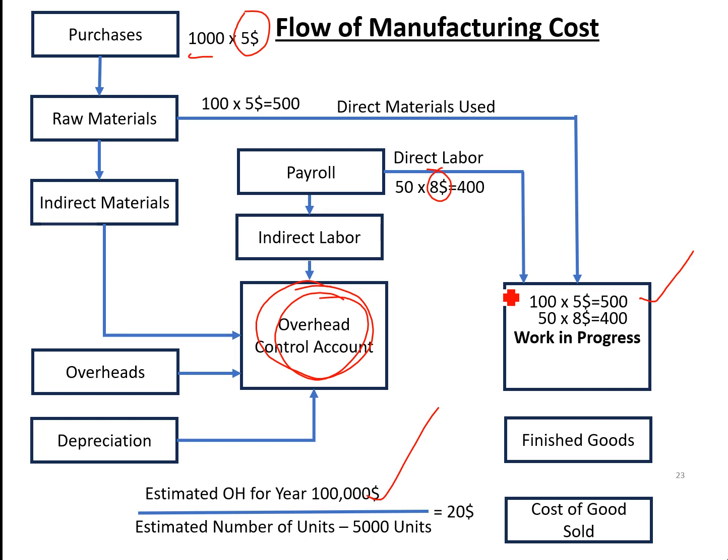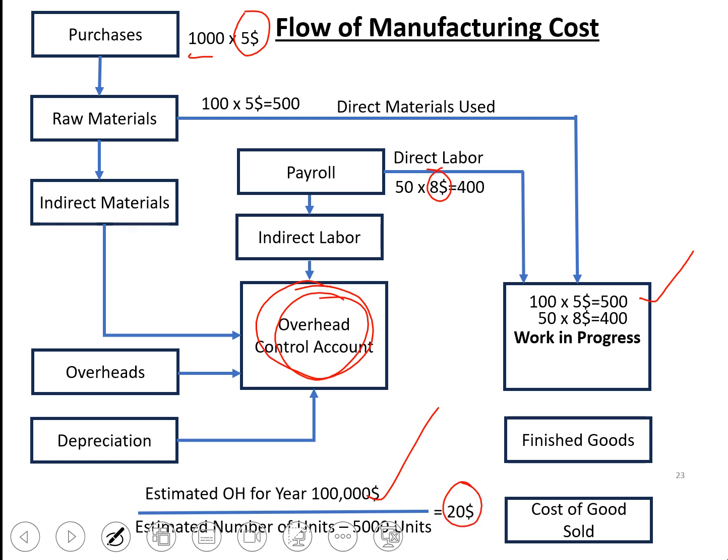Now all the cost when we paid has come to overhead control account, right? We debited overhead control account for all the amount. Now from this overhead control account, the cost for the 40 units we produced has to move to work in progress because we are working on it, right? So this is going to be our predetermined overhead rate.